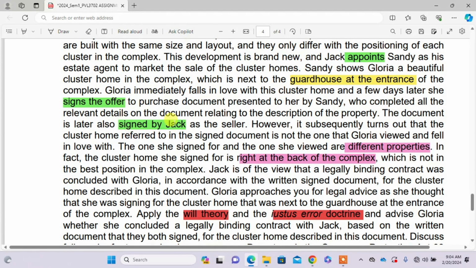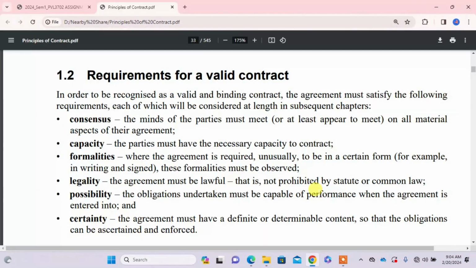Now we'll go straight to look at the requirements for a valid contract, and we'll go straight to consensus. It says that the minds of the parties must meet on all material aspects of their agreement. Let me repeat: the minds of the parties must meet on all material aspects of their agreement.